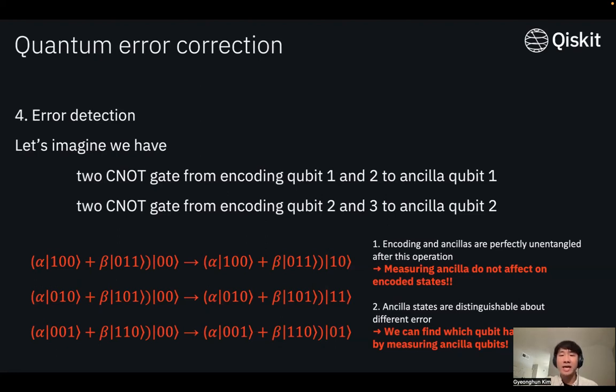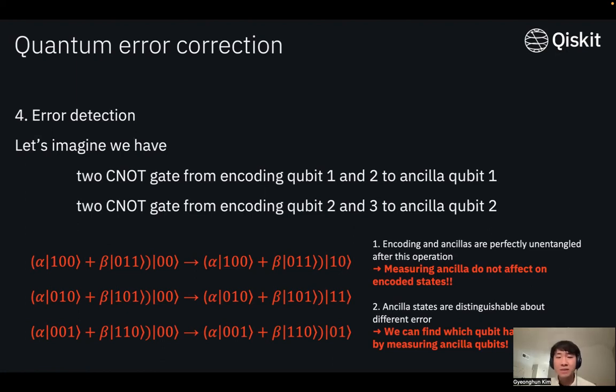So we can measure the unselect qubits and extract some information from them without destroying the original encoded qubits. And the second remarkable point is that unselect states are distinguishable for different errors. Let's think about the no error case first. If there's no error, the unselect qubits definitely have 0, 0 state, right?